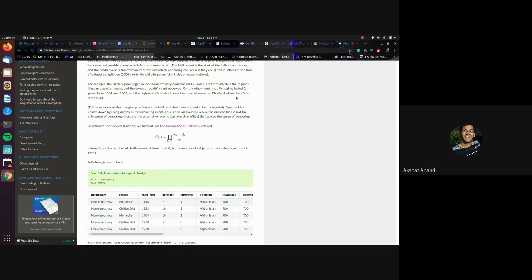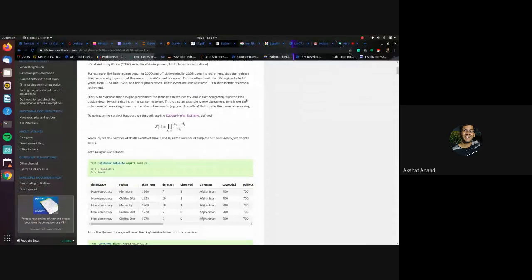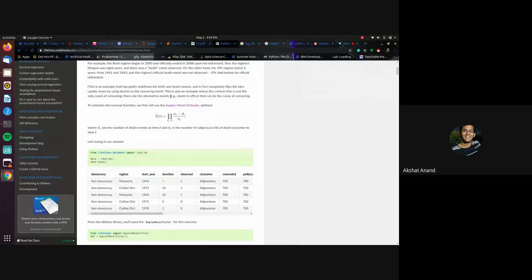JFK died before the official retirement. So this example redefines the birth of the events, and in fact flips the idea upside down by using death as a censoring event. So this can be an example of censored data.